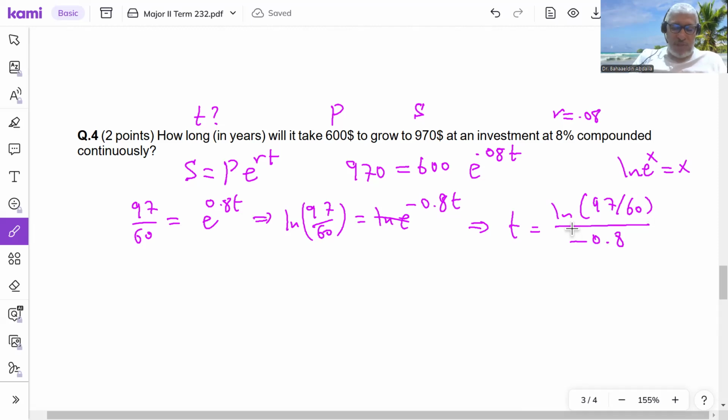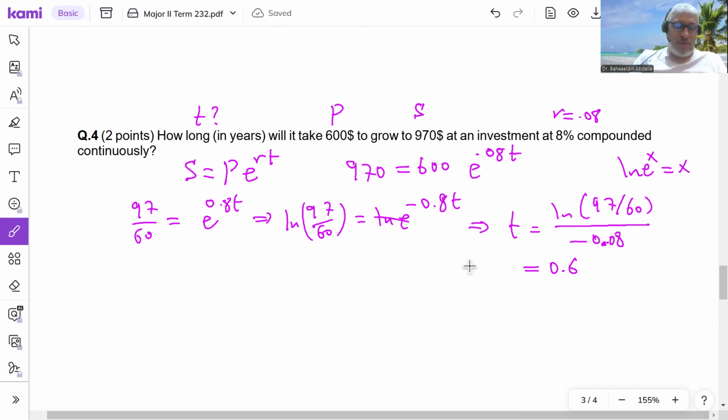And when you put this in the calculator, the answer would be 0.6. This is 0.08, sorry.